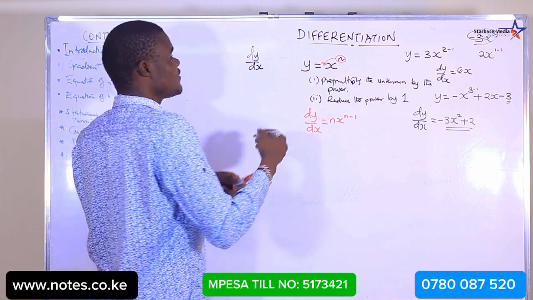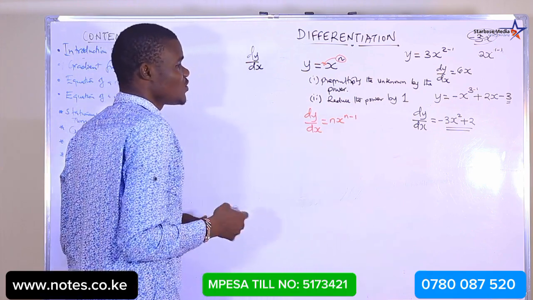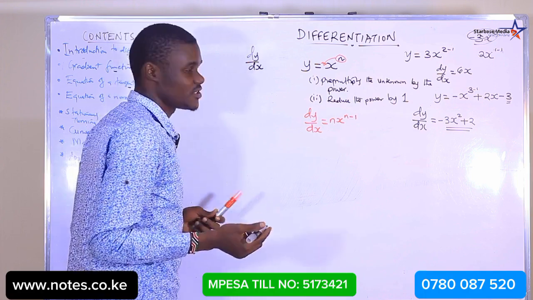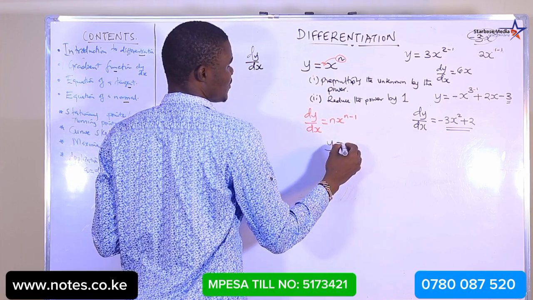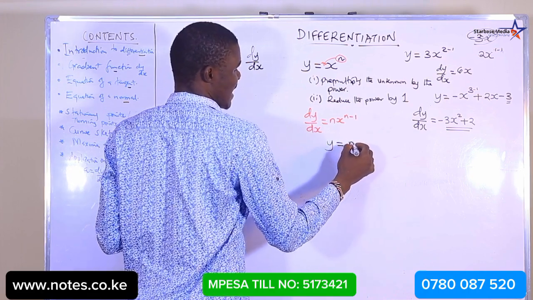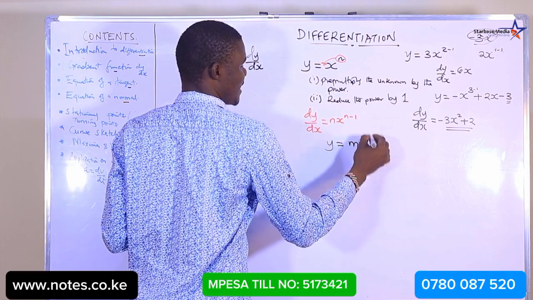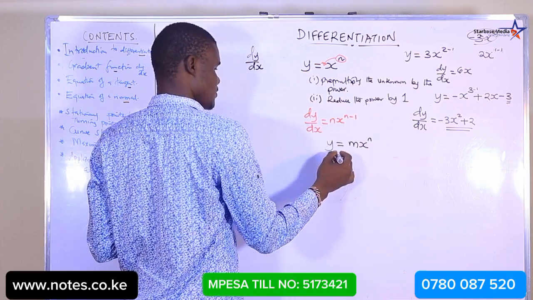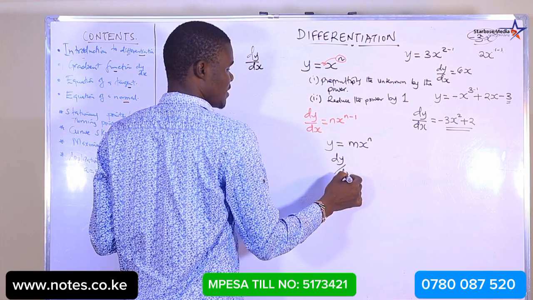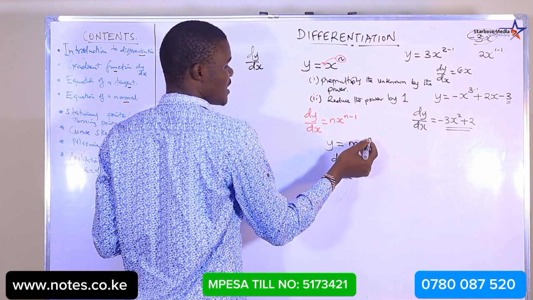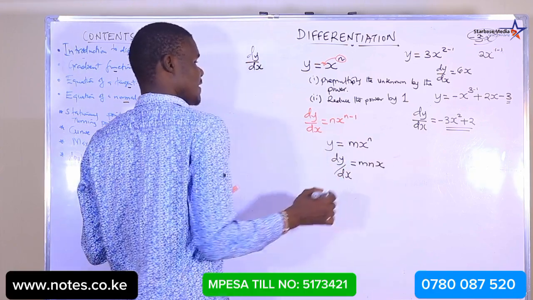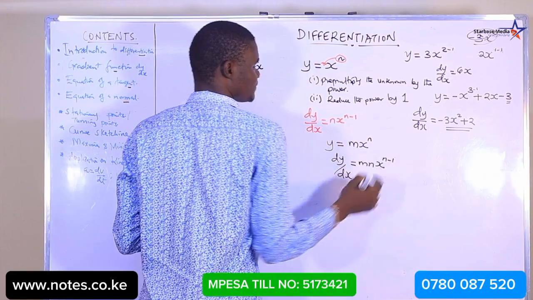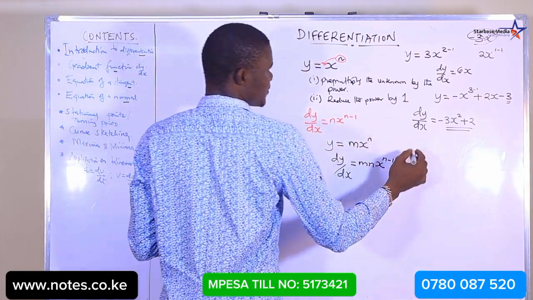It means when you're given any equation, you can get its differential. Or even if you're given the equation y is equals to, for example, mx raised to power n, you just know you're going to have dy over dx is equals to mn, you pre-multiply, then you reduce the power by 1.